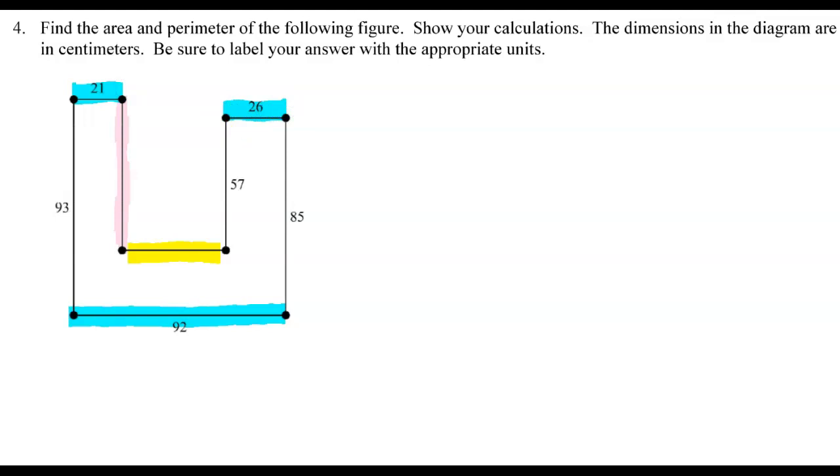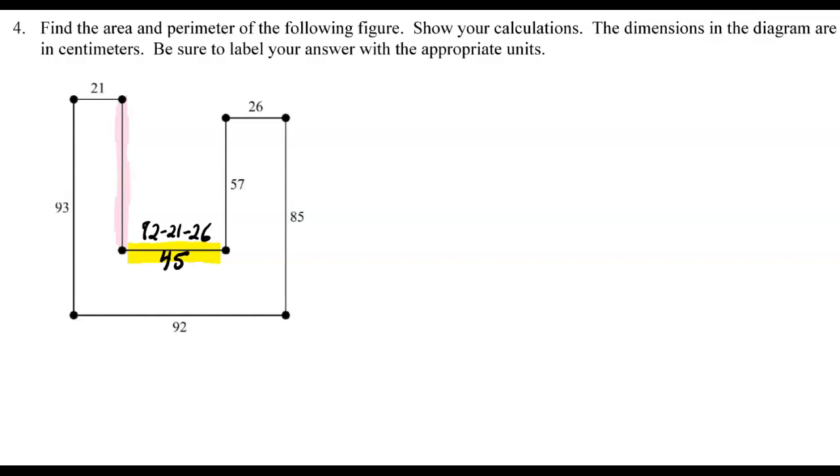So the yellow piece is going to be 92, take away 21, take away 26. Because all the way across is 92, and the two top pieces are 21 and 26. So to find the yellow, I would do 92, take away 21, take away 26. So the yellow piece is 45.